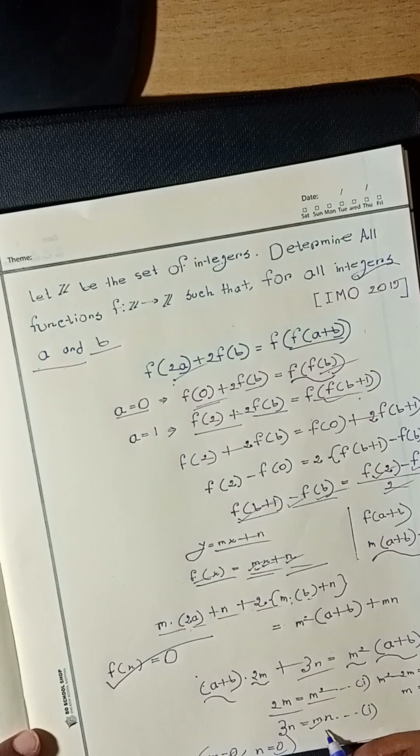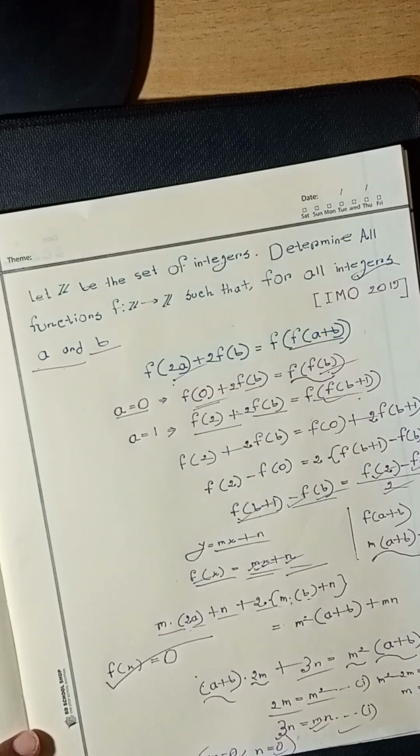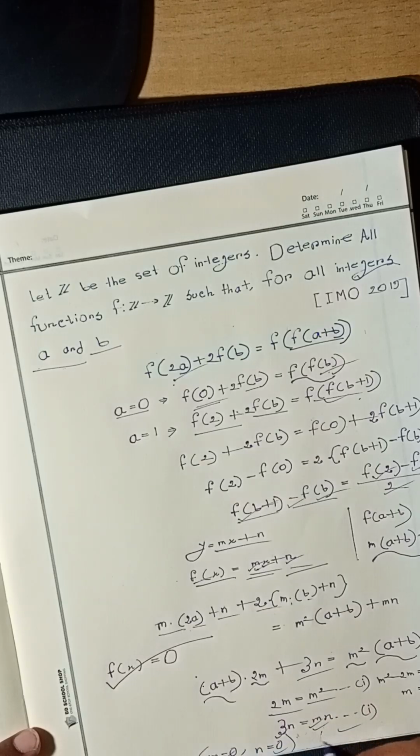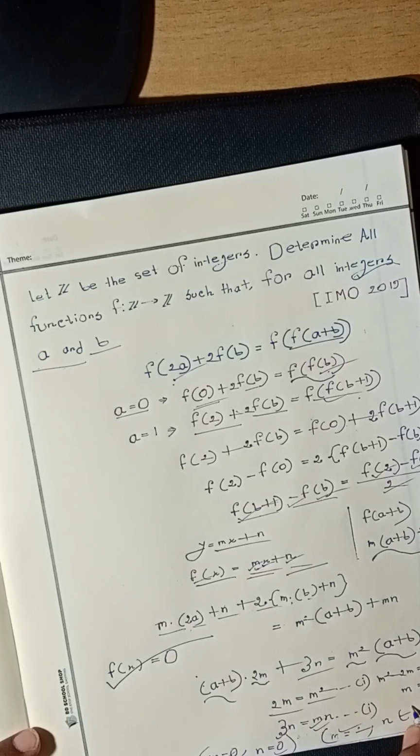We'd get that 3n is equal to 2n here. Then it would be possible for any integer value of n, because you can see there are constant terms on both sides. So if m is equal to 2, then n can be any number, because then 3n is equal to 2n remains constant on both sides.